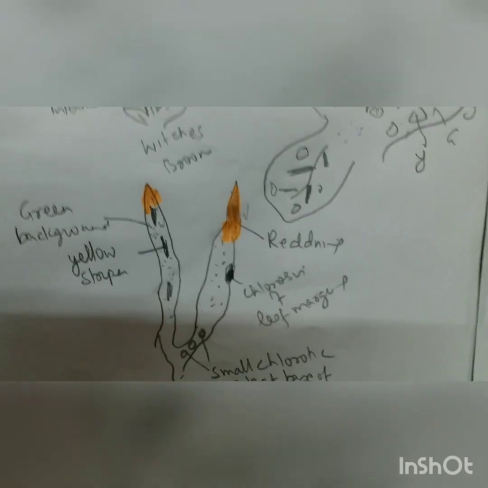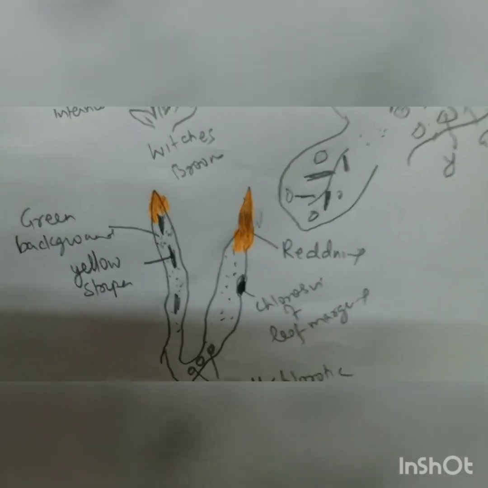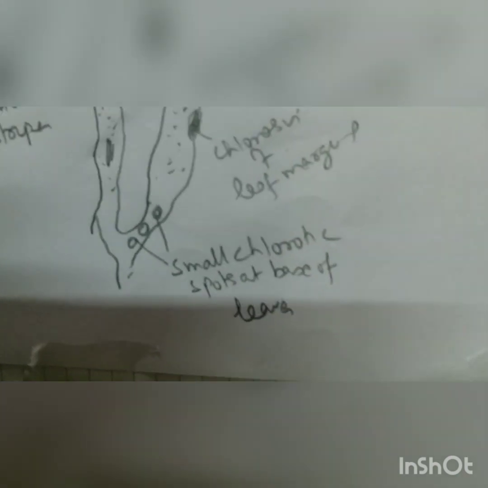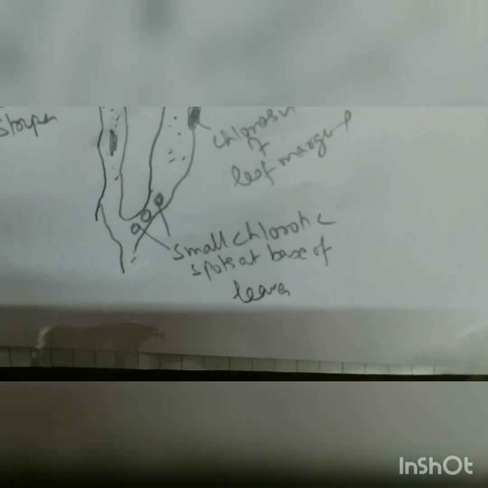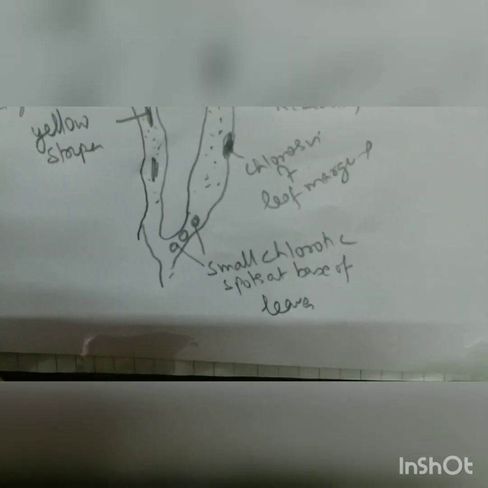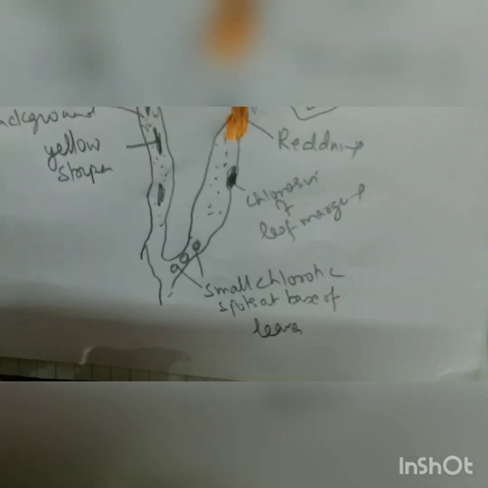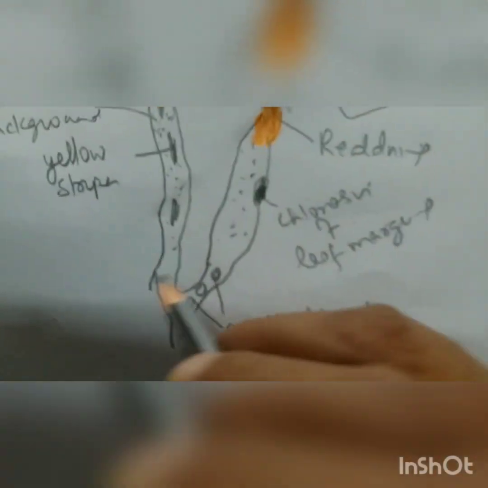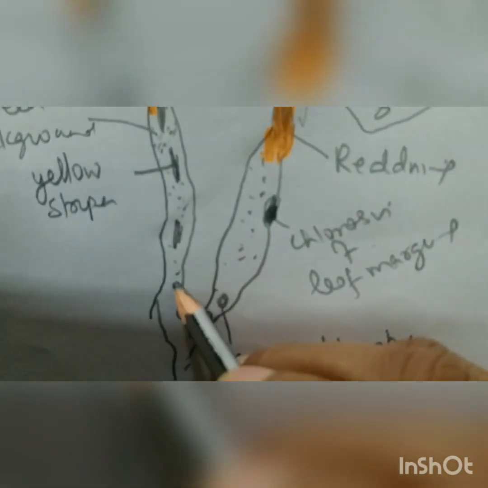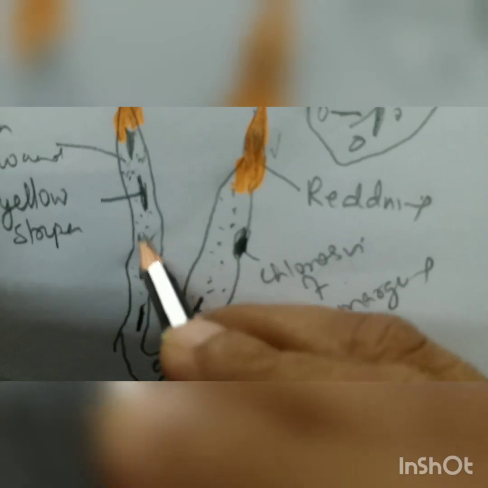Then small chlorotic spots appear at the base of the new leaves. See, small chlorotic spots at the base of the leaves. Then they coalesce, meaning fuse, to form stripes, and these stripes move towards the tip of the leaves.